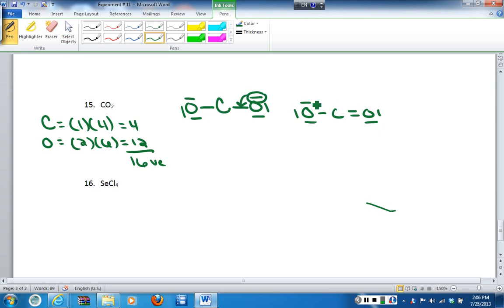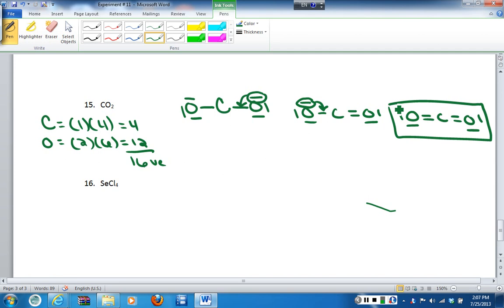So I form another multiple bond, where we now have 2 double bonds to our oxygens. Both of my oxygens still have an octet, my carbon now has 8, which is an octet, and I've used all 16 of my valence electrons. So this is the Lewis structure for carbon dioxide.